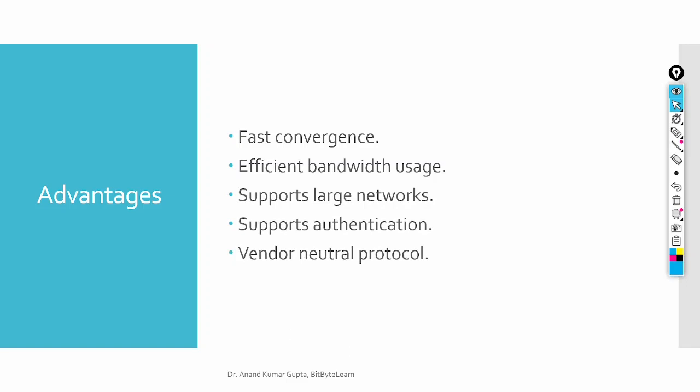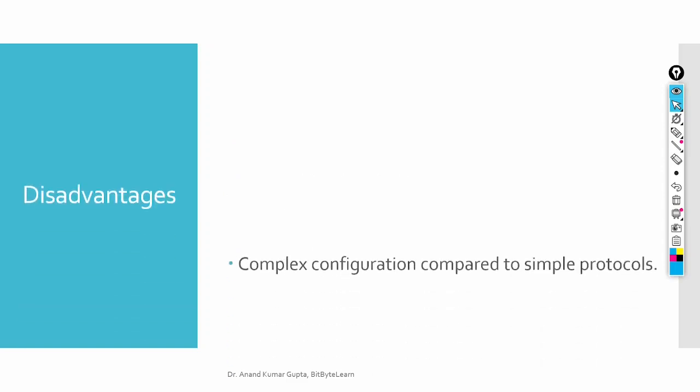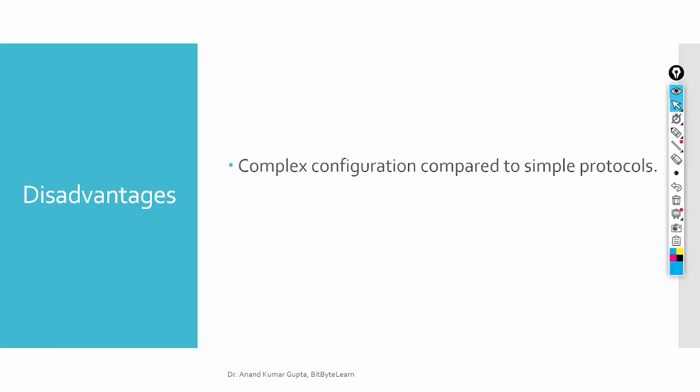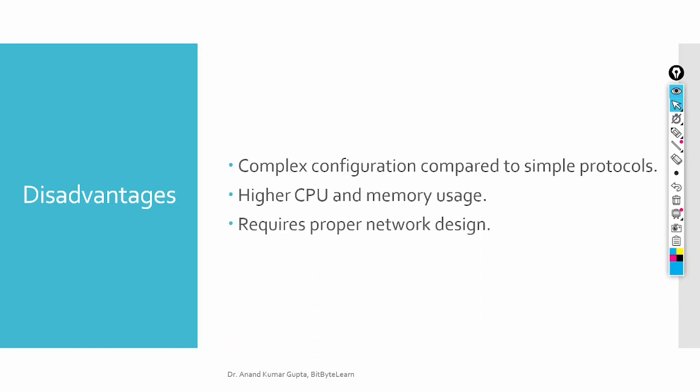Vendor neutral means any routers supporting OSPF, made by any organization, are supported. Moving to the disadvantages, it's a bit complex in terms of configuration. It has higher CPU and memory utilization and requires proper network design.